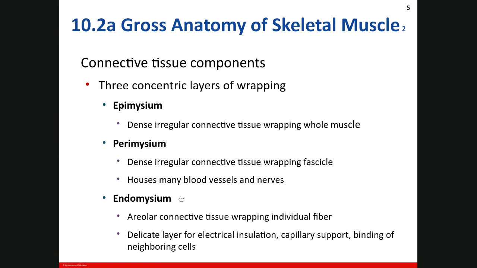It's a very delicate layer of connective tissue, and it makes electrical insulation. It's very important to know. It makes electrical insulation for our muscle fibers. It provides capillary support for our muscle fibers, and the other function is binding the cells to the neighboring, adjacent cells. So these are the connective tissues which we have around the muscles.